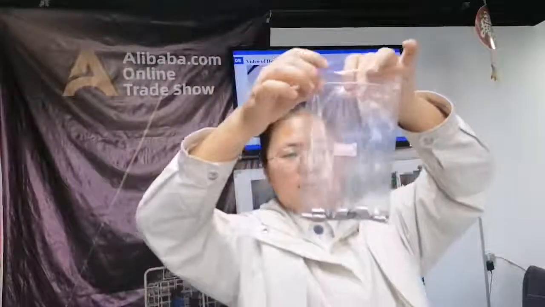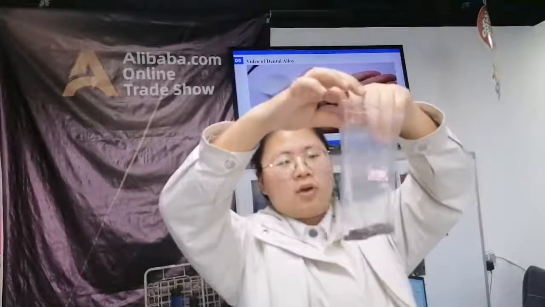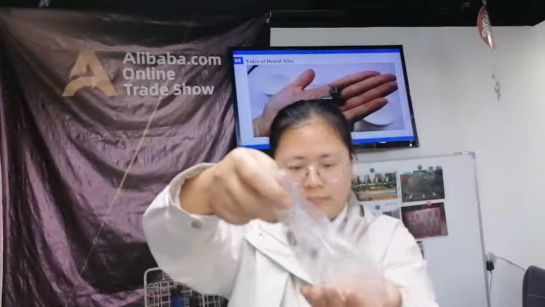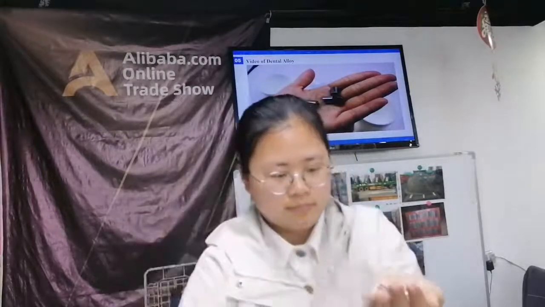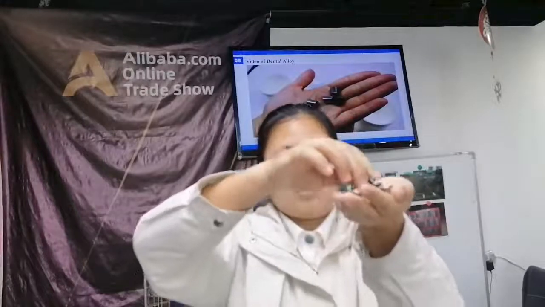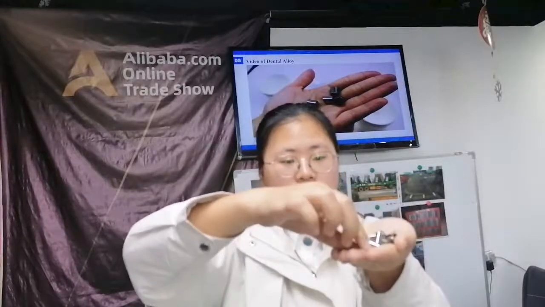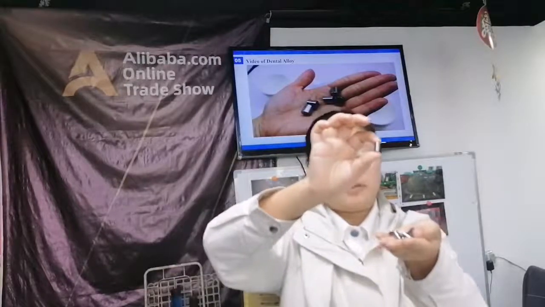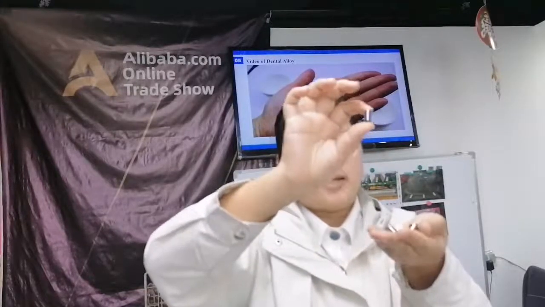This one is nickel chromic dental alloy. The diameter is 9.6 mm and the length is 10 mm.